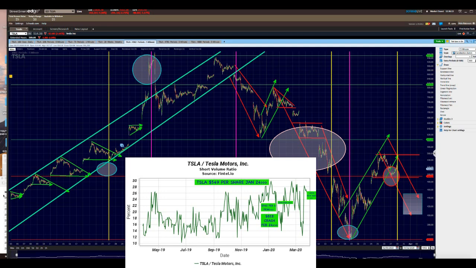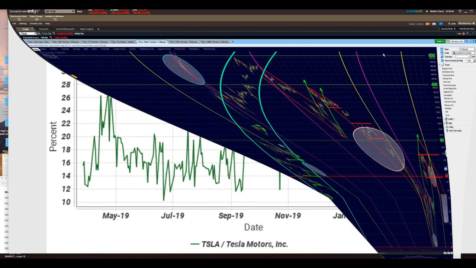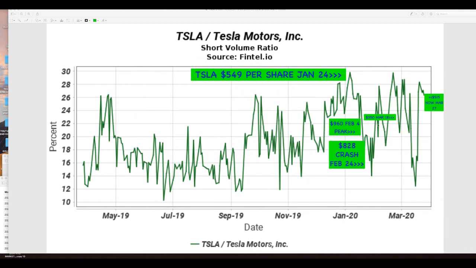To me, it's like shorts making a mistake here, then having to cover, making another mistake, or basically forced to cover, and then making a mistake again by all the shorts covering up into the 800 range. I'm not too sure what that was all about. That was strange.